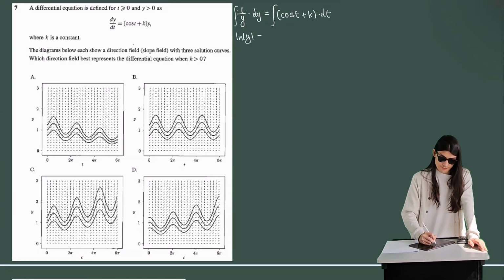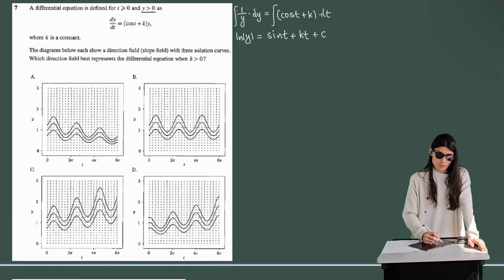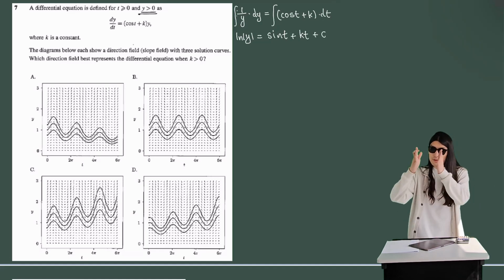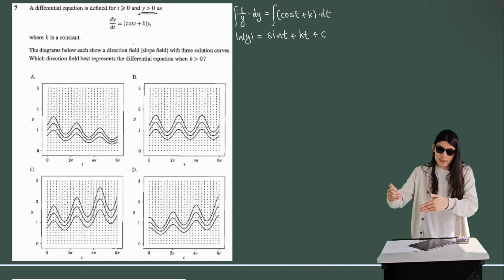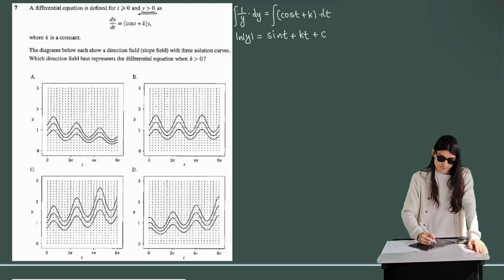ln y is equal to the primitive of cosine, sine, plus kt plus c. And in the question, we are given that y is a positive number, which means the absolute value that's currently placed on y, you can remove that.